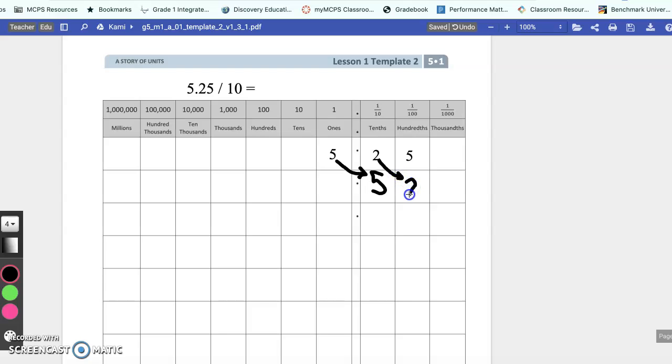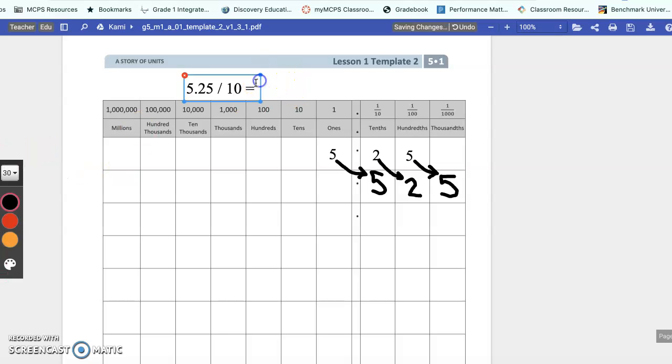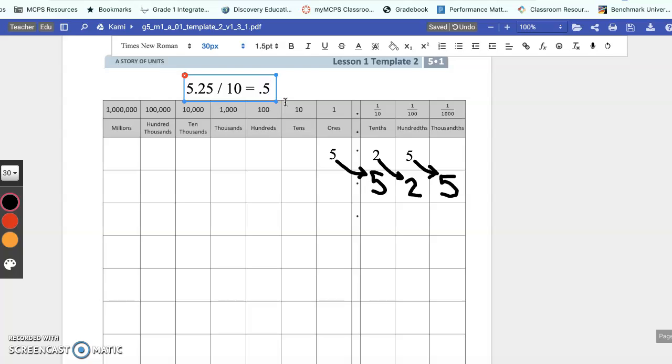Again, that 2 is moving over one place on that place value chart. 2 tenths becomes 2 hundredths. 5 hundredths divided by 10 will also move over one place, from 5 hundredths to 5 thousandths. So 5 and 25 hundredths divided by 10 is equal to 525 thousandths.